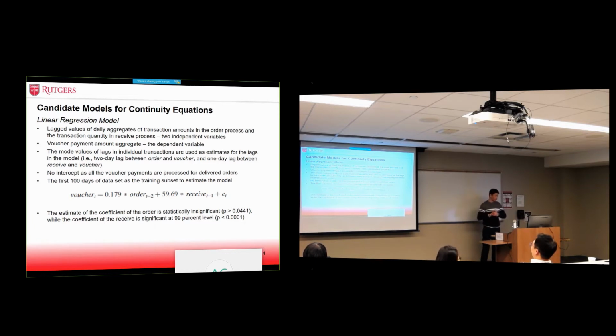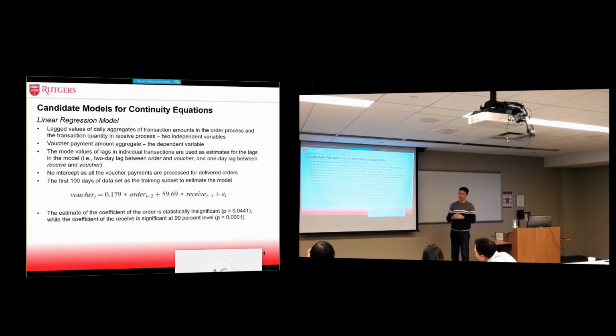The next model is the model which is mostly familiar to all of us, I think, the linear regression model. And in this model, they just use order and receiving as independent variables, and use only voucher as a dependent variable.